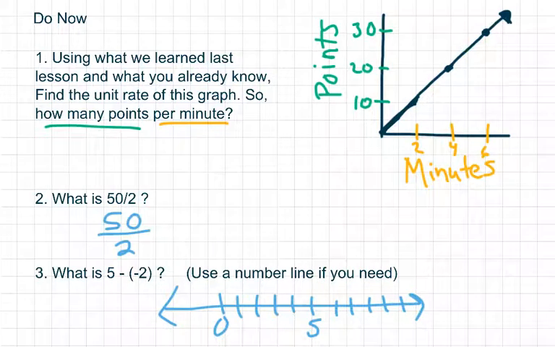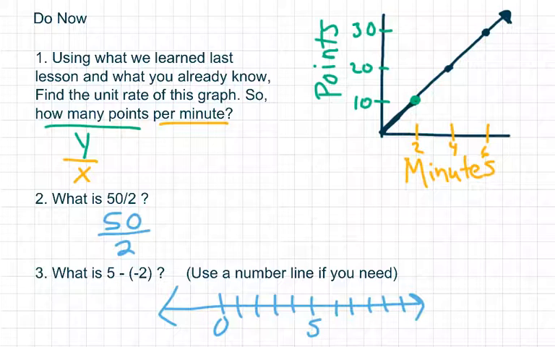We know that unit rate is per 1 unit. And we know that when we do that, we have to take one of our points. I'm going to use this first green one here. You could have used any of the points along the way. And I'm going to divide the y value divided by the x value to find per 1 minute.